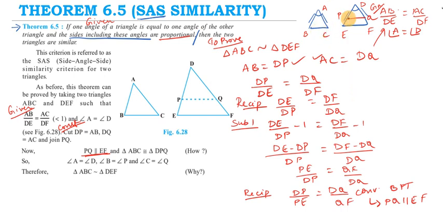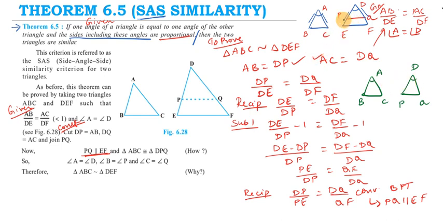Now, when you consider triangle ABC and triangle DPQ, let me draw the smaller triangle here. I have triangle ABC and I have triangle DPQ. I know that these two angles will be equal.